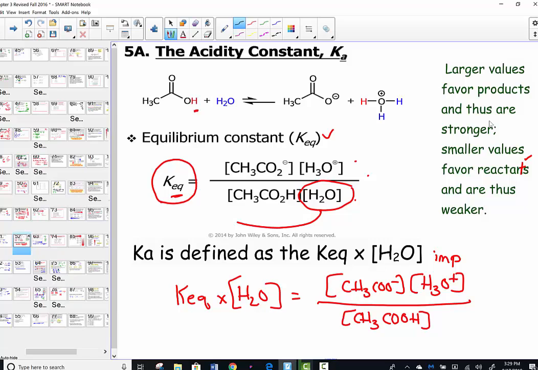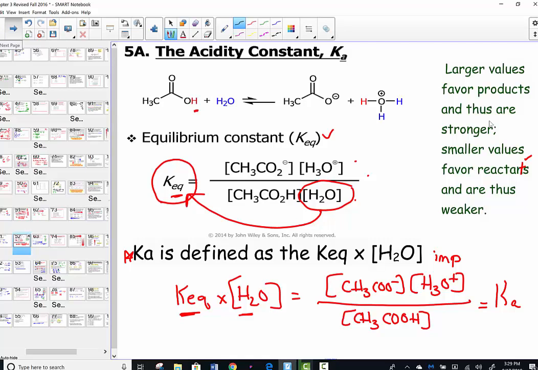Bringing the water to the right side, we see this expression, and now we have our definition of Ka. So by definition, the equilibrium constant times the molarity of water gives us the derived value of Ka.